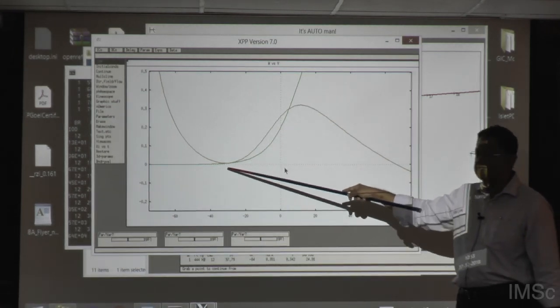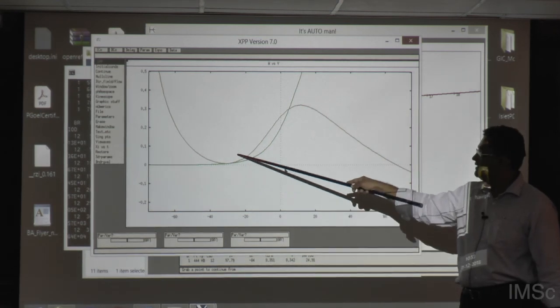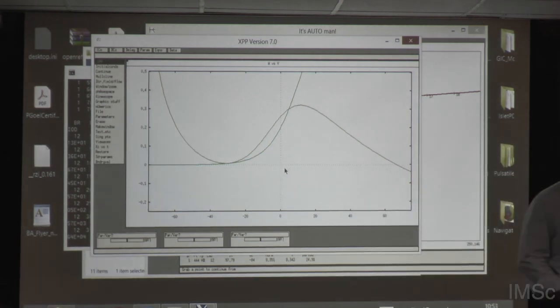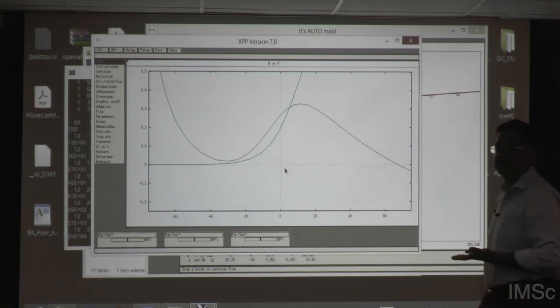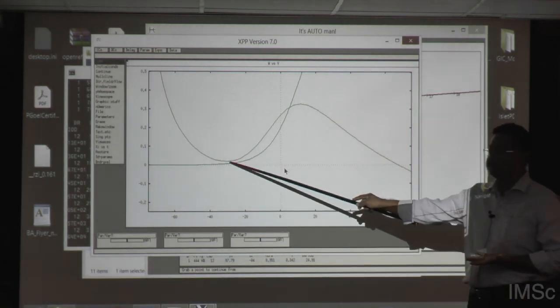They come closer and closer, and beyond a certain critical value, these two fixed points will disappear. So let's see 45, and the fixed points have disappeared. Now you can see right from the null line picture itself, there is no way there's an intersection here.